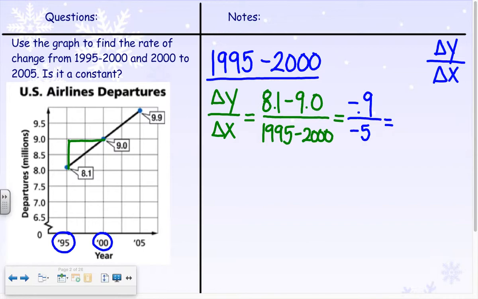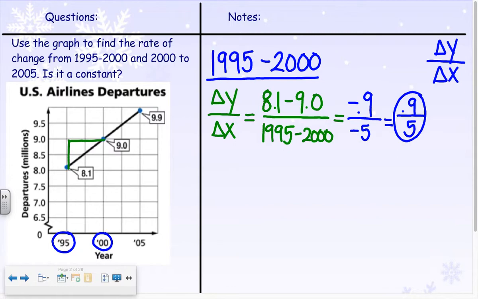Keep in mind that would be a negative over a negative, so a positive. Positive 0.9 over 5. So that is our rate of change from 1995 to 2000. That would mean that the departures in millions was 0.9, or 9/10 of a million, over 5 years.